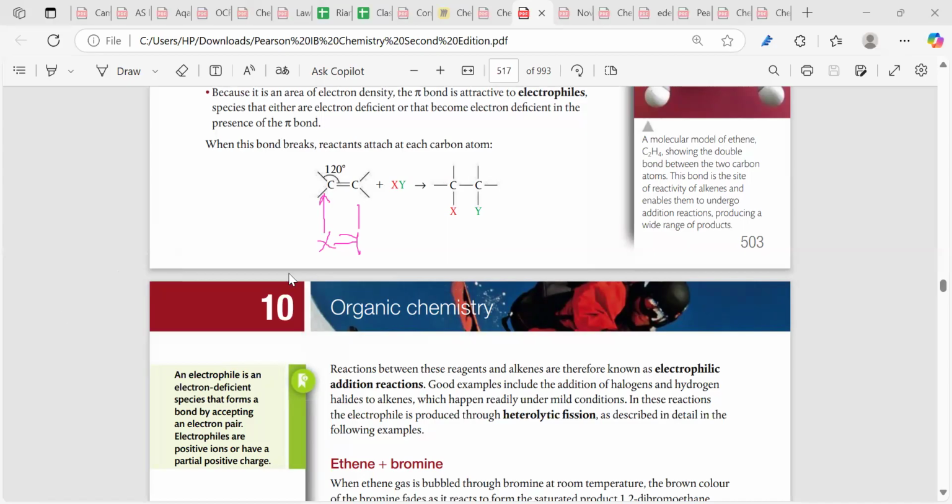Over here, X and Y. X goes over here and Y goes over here. This bond breaks and this bond breaks, and we get X and Y over here. An addition reaction occurs. This reaction occurs via heterolytic fission, we know, right?